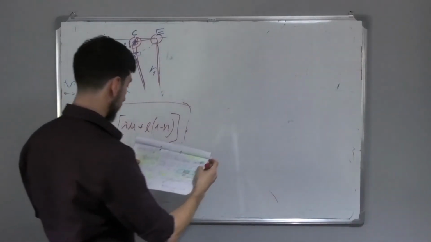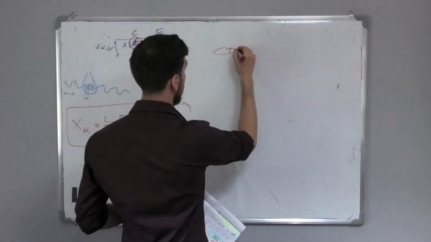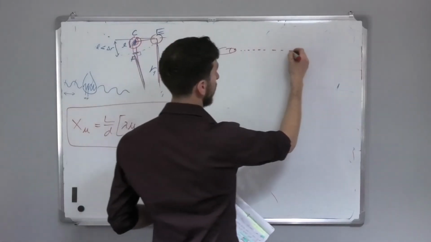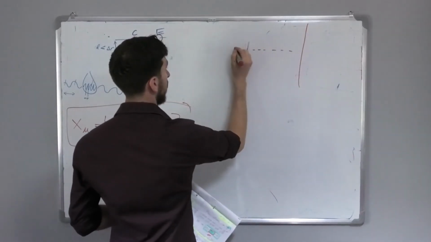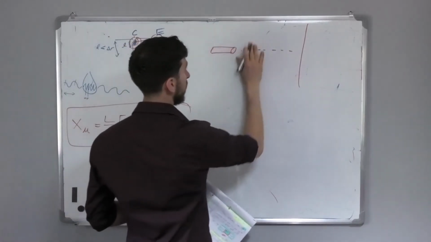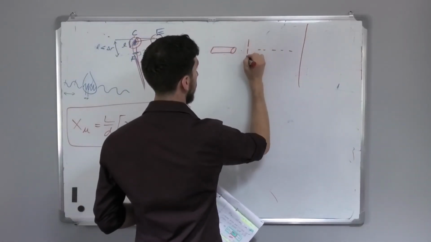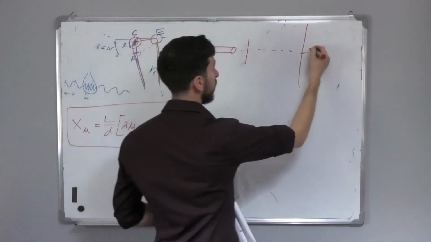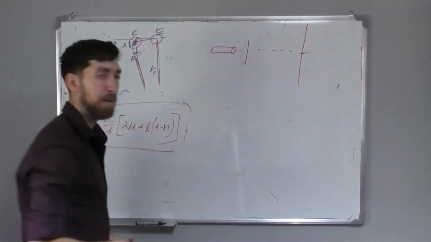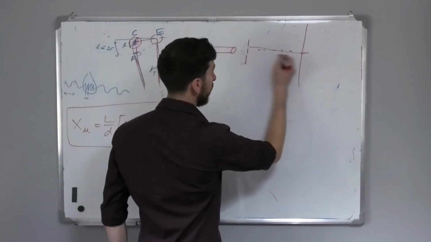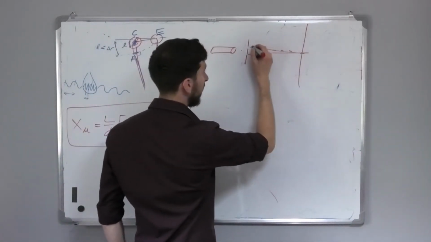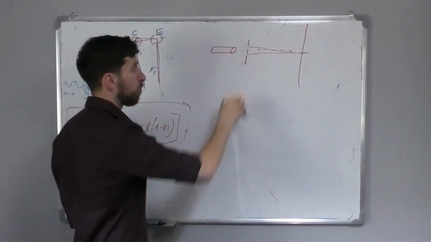So if I'm going to draw the laser, this is the laser, right? And it's shining in the direction to the board. So where is the brightest light going to be? We know the brightest light should be at the point, if it was symmetrical, that is the shortest way for both of the beams.